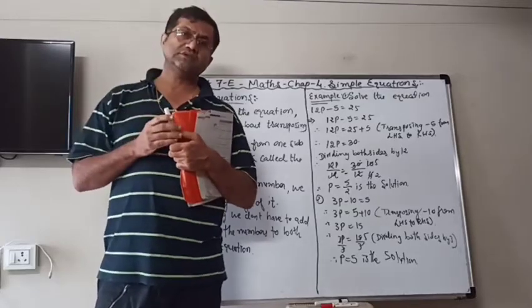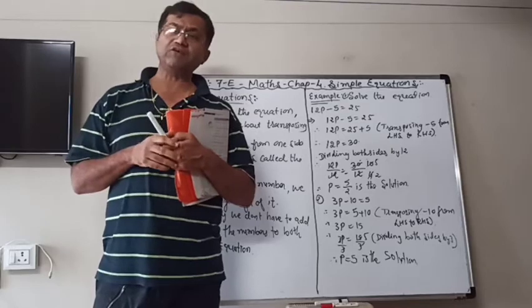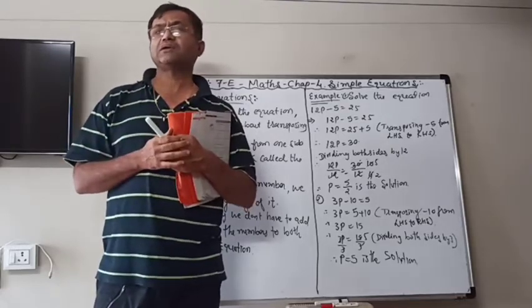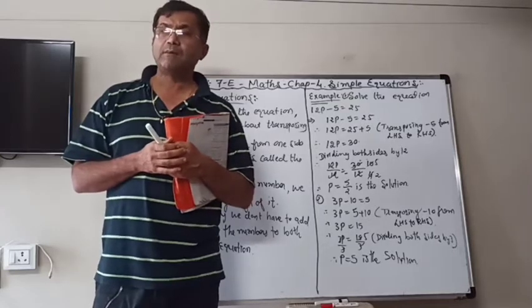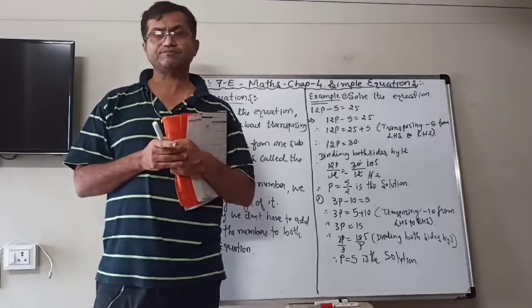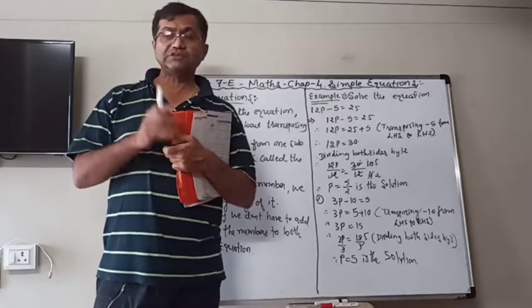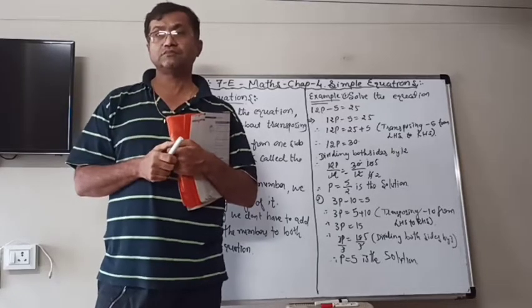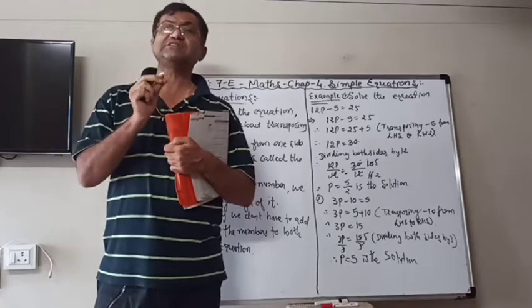Similarly, if it is a negative number, then by transposing it will take the positive sign, means a plus sign will be there. So that is very important, to change the sign.